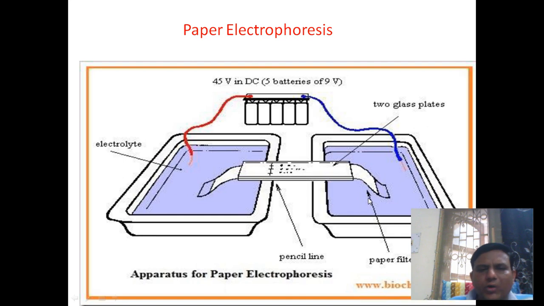In between these two buffer reservoirs there is a space, and in between there is the paper strip. The paper strip is kept in such a way that it is immersed in the buffer solution in both tanks.